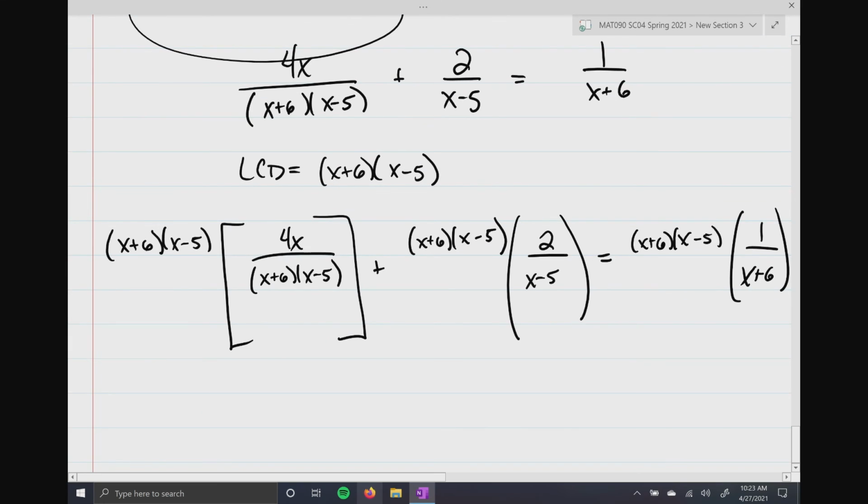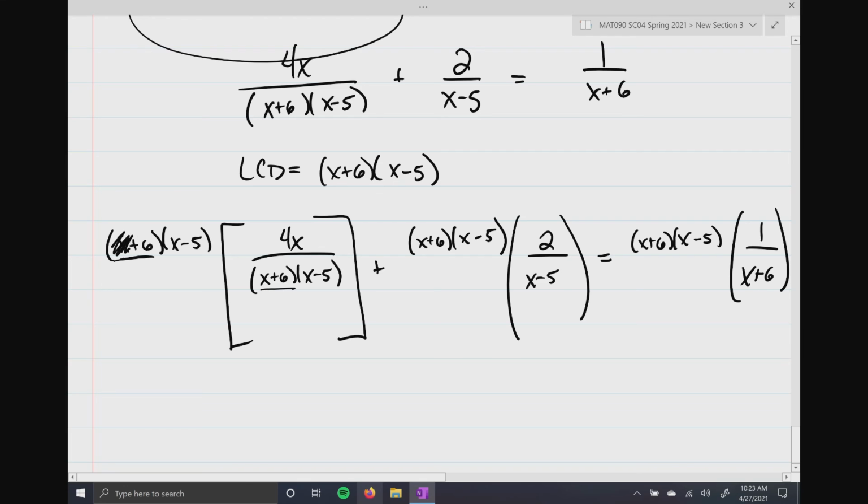So the only thing I did here was I rewrote the problem, but I put x plus 6 times x minus 5 in front of every single fraction. And now I'm going to reduce. So if you take your time, write neatly, watch what happens. You got an x plus 6 in the numerator, x plus 6 in the denominator.